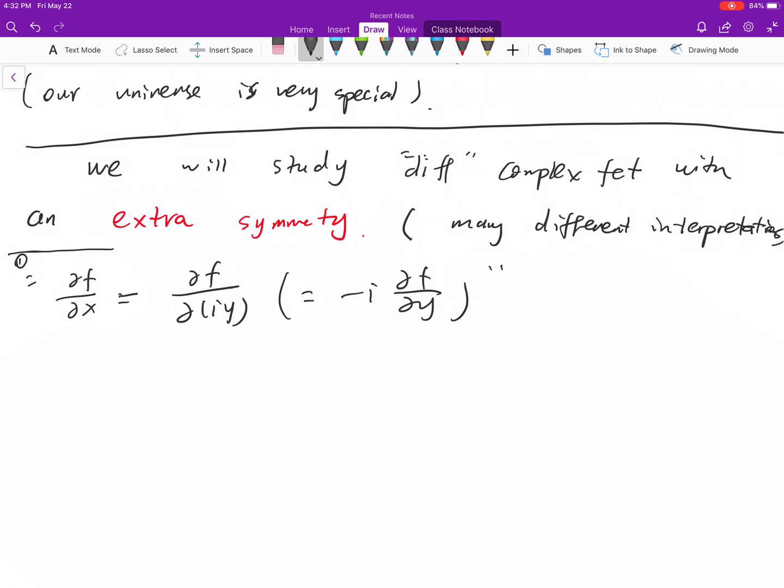At first sight, this seems strange, why we have such a weird condition, but at least it tells you that for the objects we are interested in, we want to know the other derivative based on one derivative.